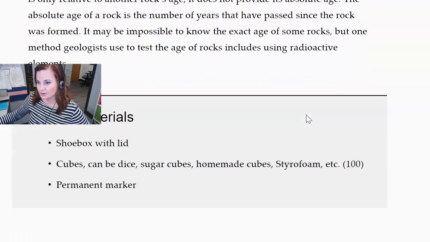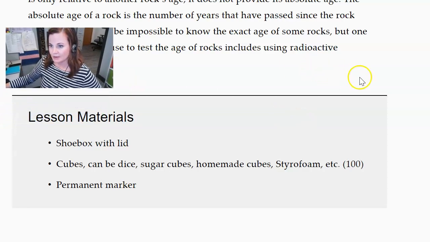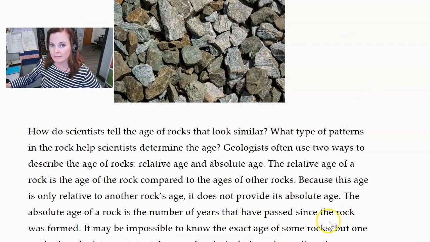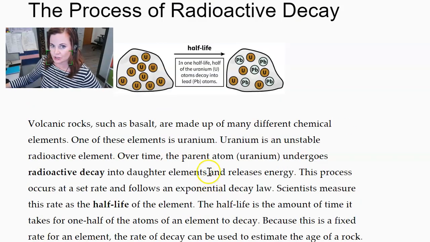It also mentions that you need your shoebox with the lid, your cubes, which I have as foam cubes, and a permanent marker. You're going to be using it to model measuring the absolute age using something called half-life.